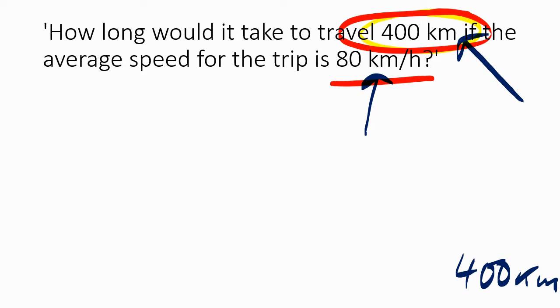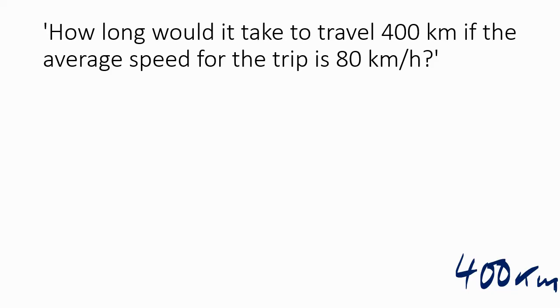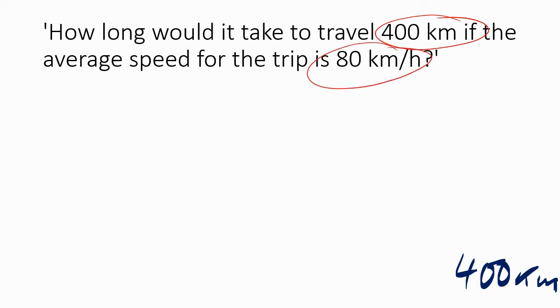Now there's a couple of ways to do this, guys. We can do it the way we just did it before, which is a bit slower, but we all get it, perhaps. In the first hour, we've traveled 80 kilometers.